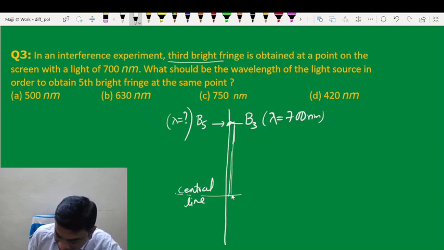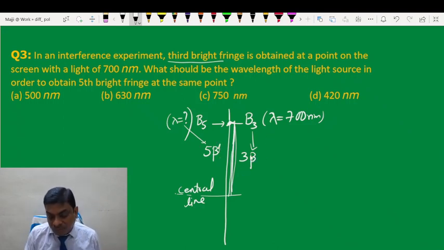So this distance should be 3 times beta for this, and 5 times beta for the other. I'll take the new beta as beta dash. Are you getting the point? From the central bright fringe, as you move one beta distance, you get the first bright fringe. Then you move another beta, you get the second bright fringe, and as you move 3 beta, you get the third bright fringe.